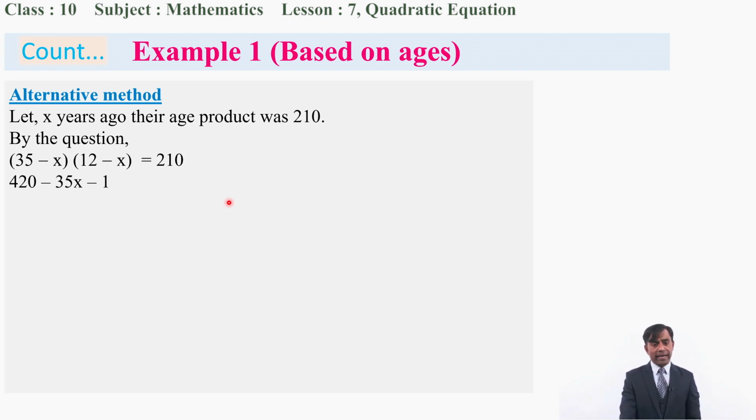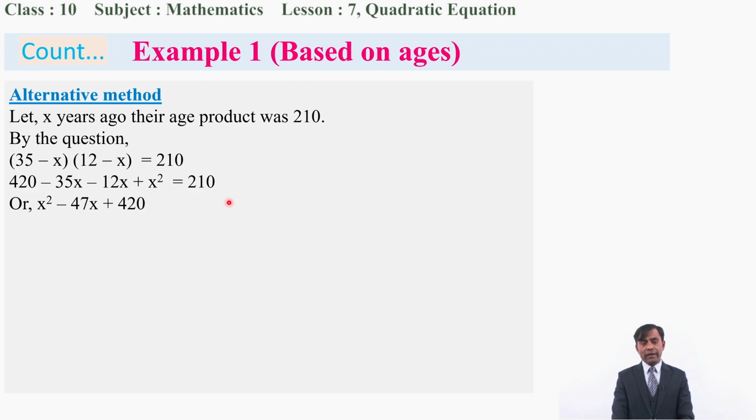Then by simplifying, we multiply the equation and simplify the result: x square minus 47x plus 420 minus 210. By simplifying, we got the quadratic equation x square minus 47x plus 210 is equal to 0.